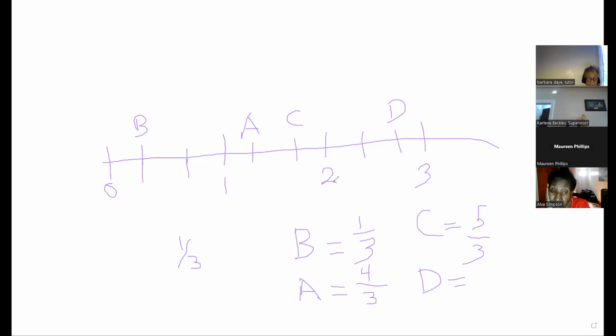Yes. 2 is what? 6/3. This would be 7/3, then 8/3. That's it, 8/3. And of course, if you got the 3, that's 9/3. And 8/3 is really 2 and 2/3. That's another way you could write it, right?